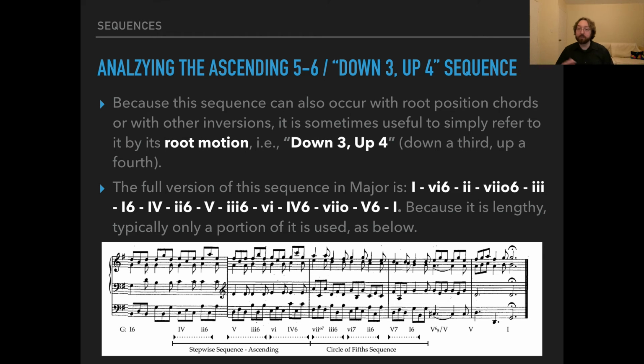If we played this version of the sequence out in major, it would go 1 to 6-6 to 2 to 7 diminished 6 to 3 to 1-6 to 4 to 2-6 to 5 to 3-6 to 6 to 4-6 to 7 diminished to 5-6 to 1. That's lengthier than any of the other sequences we've looked at so far, and therefore typically only a portion of it is used, as we see below.